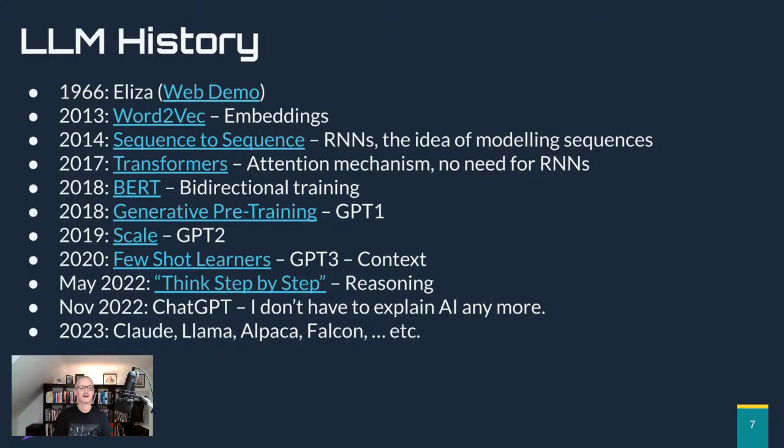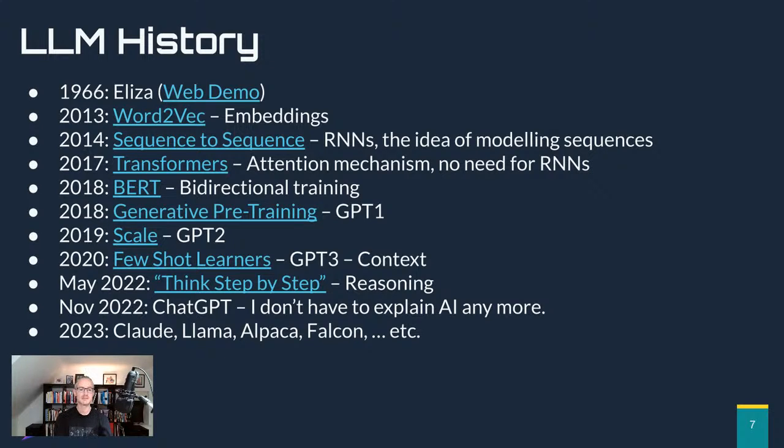Then there were a couple of refinements and improvements to the machine learning models that existed at the time. And it was really the modeling of text as a sequence of tokens, which made it easier to predict the next token. And that's really where the idea of a generative text-based AI came from.